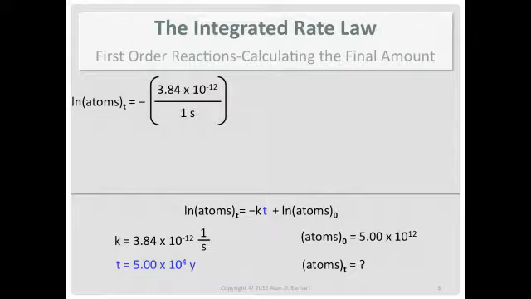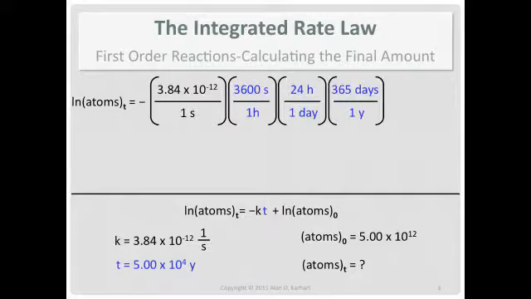The rate constant was given to you in per second, so we do have to do a seconds per year conversion. Here we go from seconds to hours to days to years. And if you're worried about leap days and things like that, a few days we're not going to worry about over 50,000 years. Let's check units. Okay, we put that in right. So now we've got our rate constant converted from per second to per year.